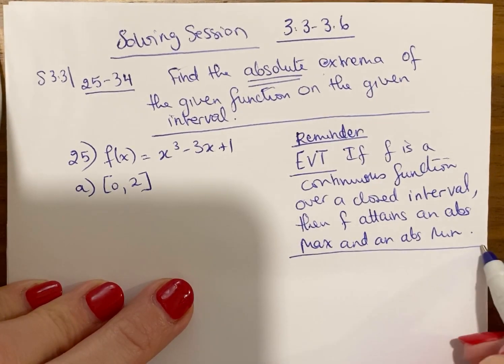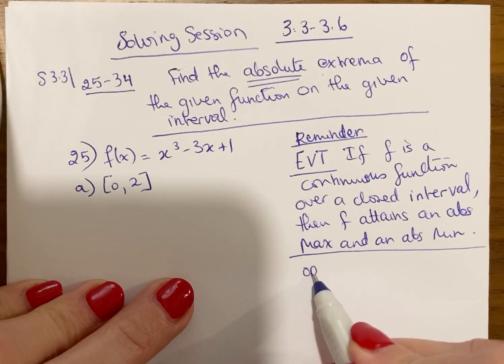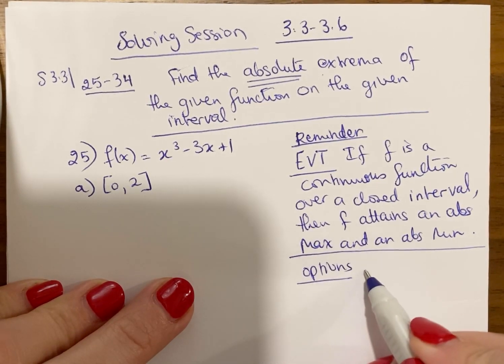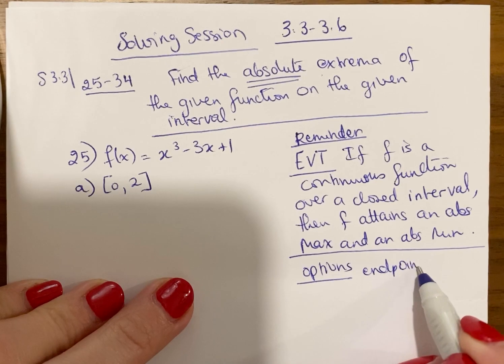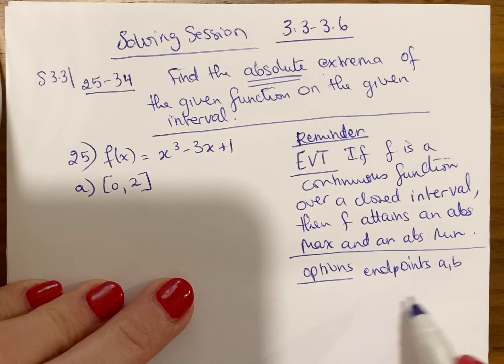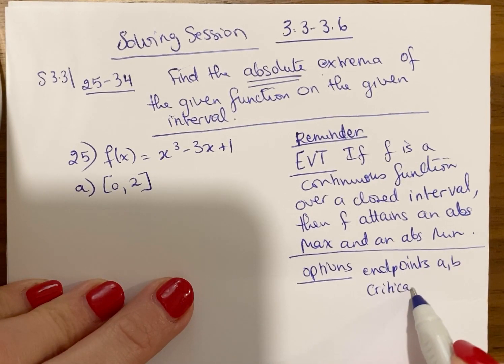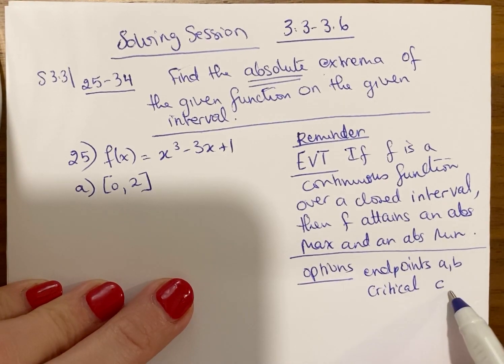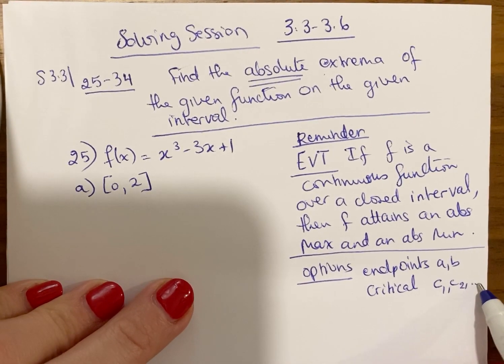And how do we find that absolute max or absolute min? What are our options that we look at? The options that we look at are the endpoints of the interval, a and b, and the critical points that we find, which we usually call c1, c2, and so on.